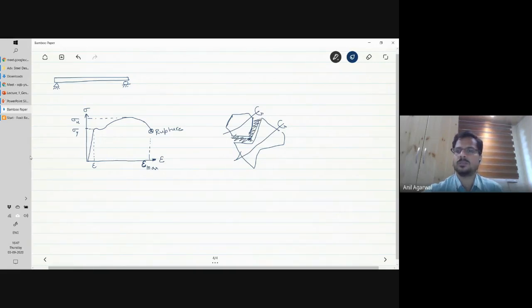Similarly, you can put one roller this way, rotating this way, and another roller rotating this way, in the other direction. Here also it was in the other direction.